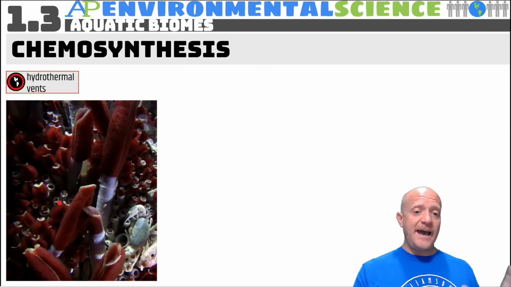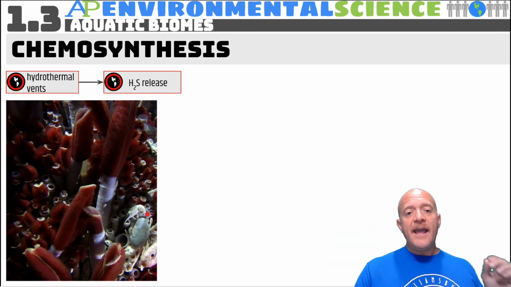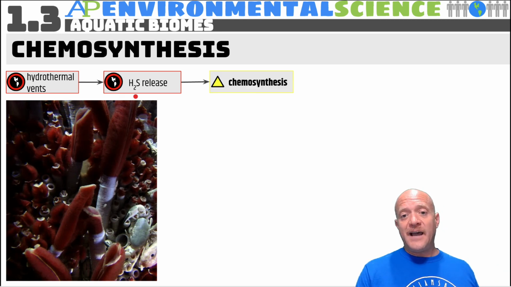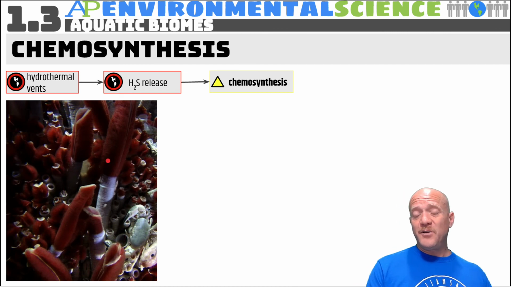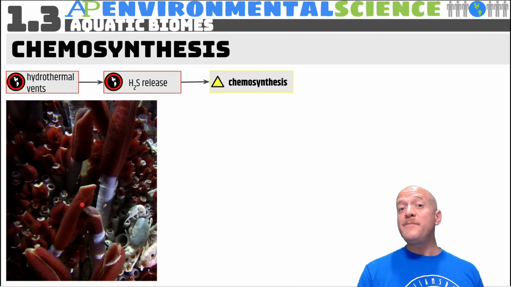Now you're going to have at the bottom of the ocean these hydrothermal vents. Hydrothermal vents just means that it's hot water coming out of these vents, and they're releasing hydrogen sulfide. Hydrogen sulfide is toxic to most organisms. However, the tube worms that live at the bottom of the ocean, this was only recently discovered within the last 30 to 50 years, are undergoing a process called chemosynthesis.